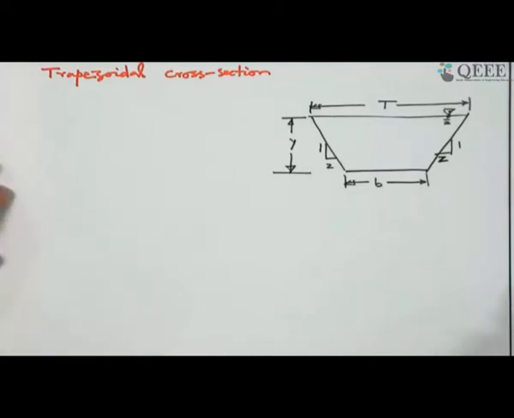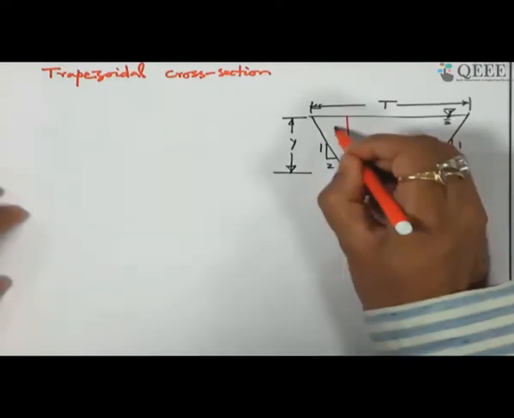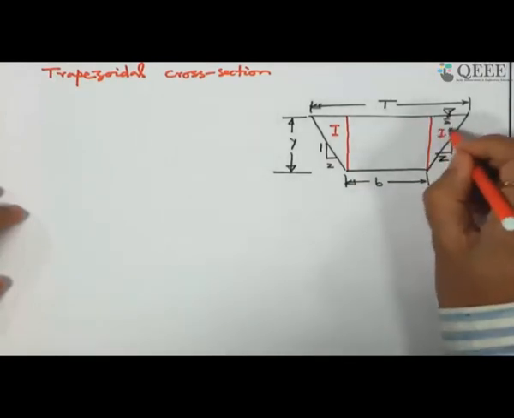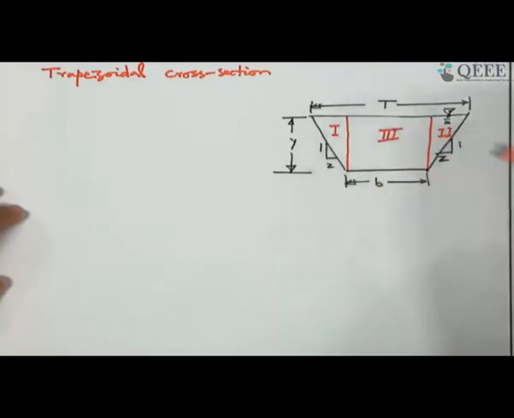So, in this case we can divide the cross section into triangular part 1, triangular part 2, and the third one we can treat as a rectangular cross section.